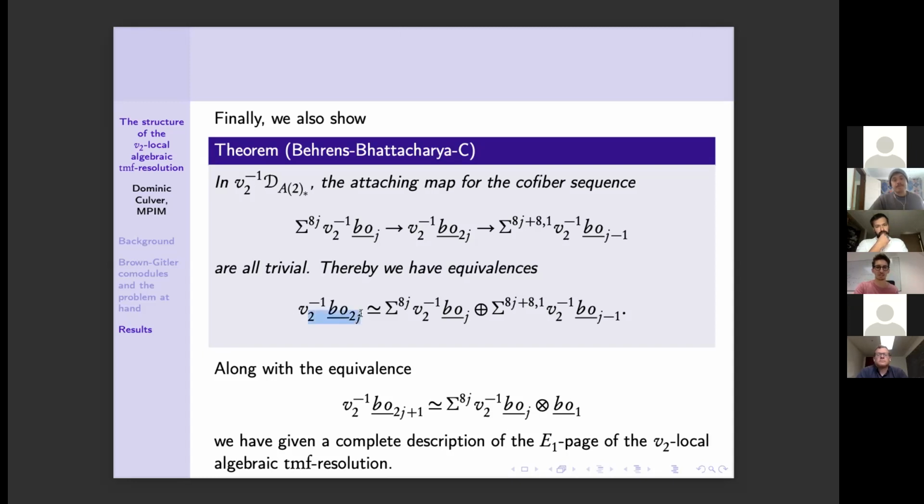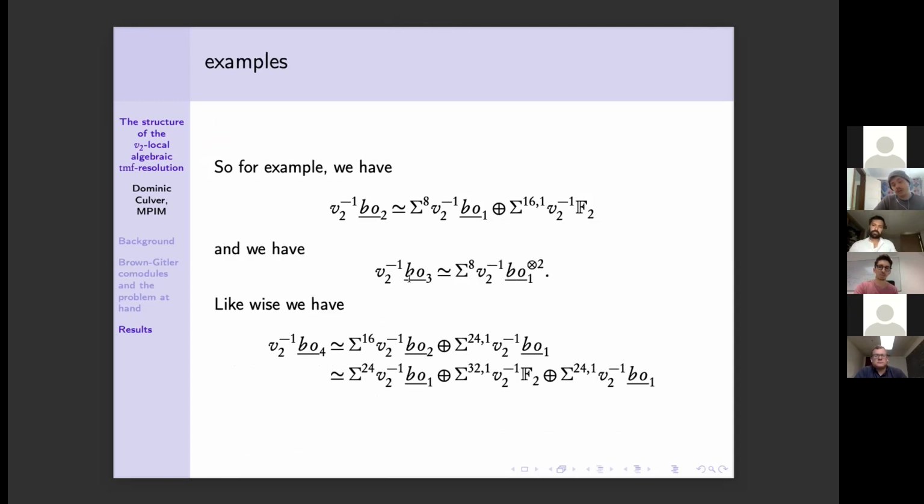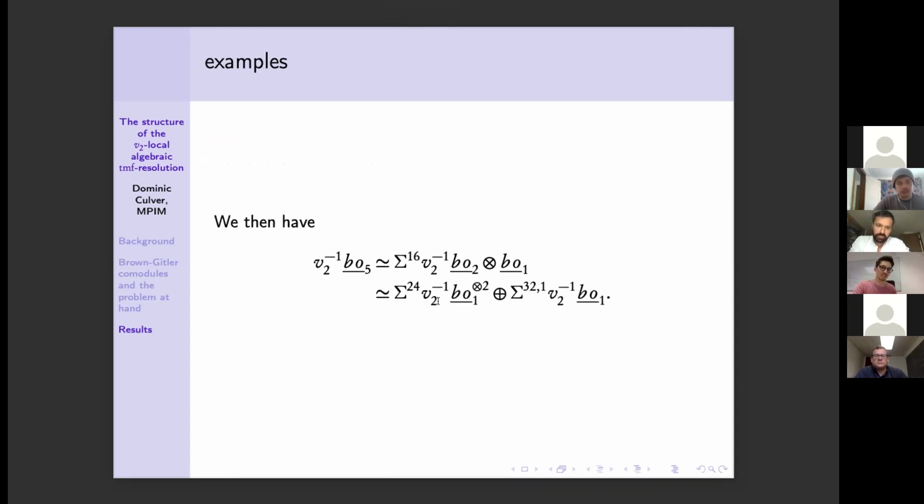So if I want to understand the V2 local even BO Brown-Gitler comodule, it actually splits into these two previous ones. At this point you can just start trying to write down everything. V2 inverse BO2 is going to split like this. BO3 is going to split like this. BO4 is going to split like this. BO5 is going to split like this. I didn't even talk about BO6, but you can kind of see how this is going to go.